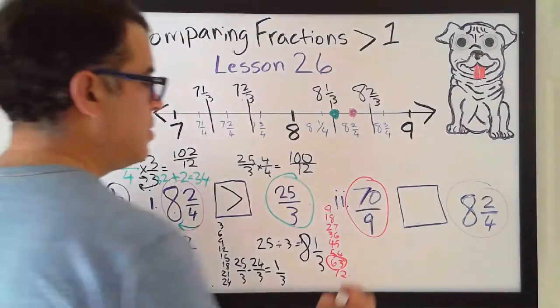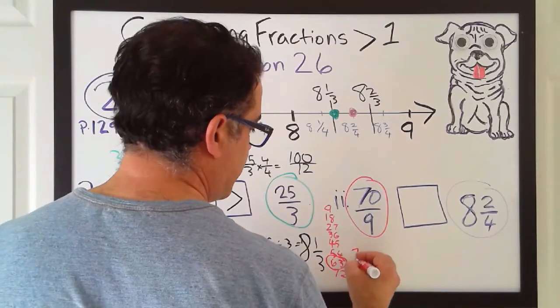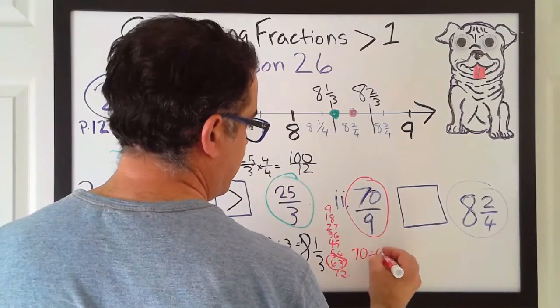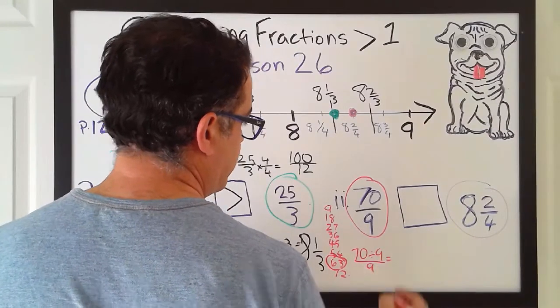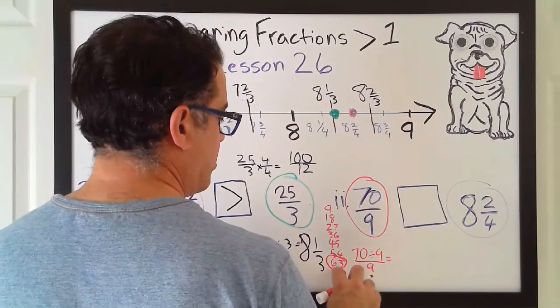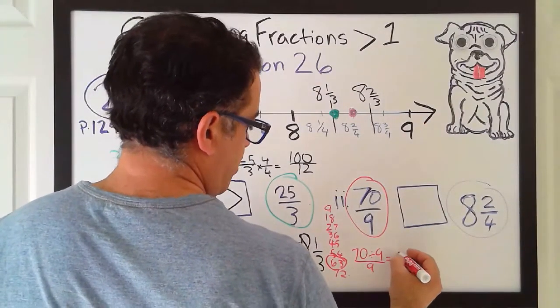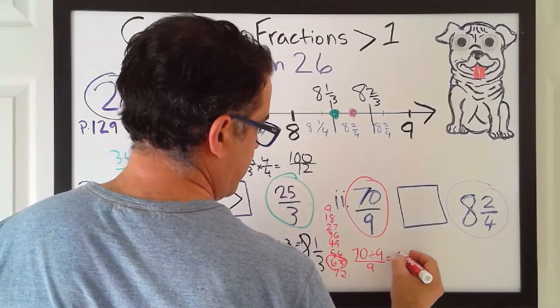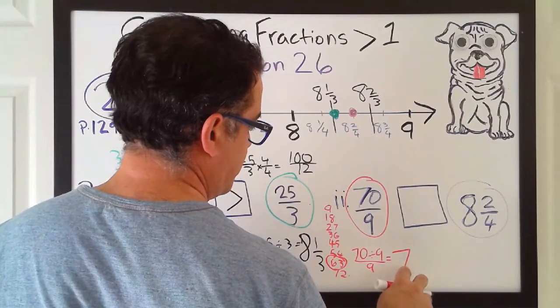Okay, so 70 ninths, or 70 divided by 9 over 9 equals, what do we say? 7 times 9 is 63. So we have a 7 as a whole number. 7 times 9 is 63.